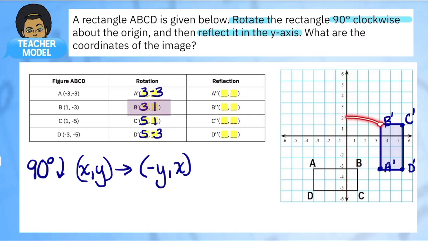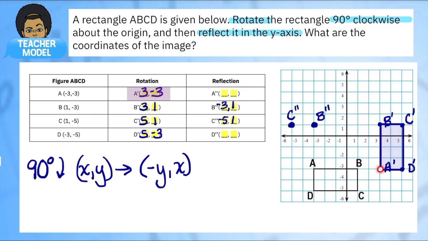So this new point over here is going to be -3, +1. So -3, 1. My B double prime. My C is going to be -5, +1. C double prime. And let's go to my A. My A is also going to flip.